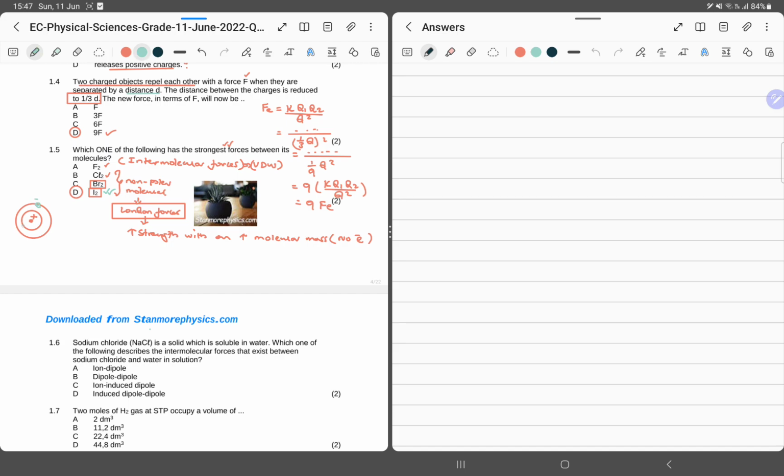There's one electron, and then there's another electron. We know that these electrons are in constant motion, sometimes we refer to that as spins. So let's say this one is spinning in that direction and that one is spinning in that direction.